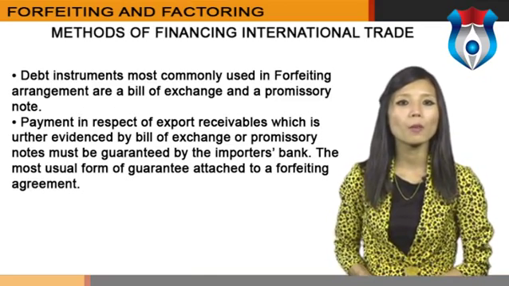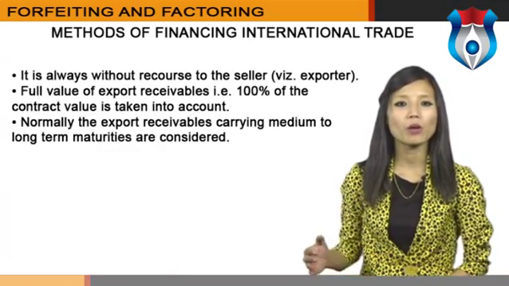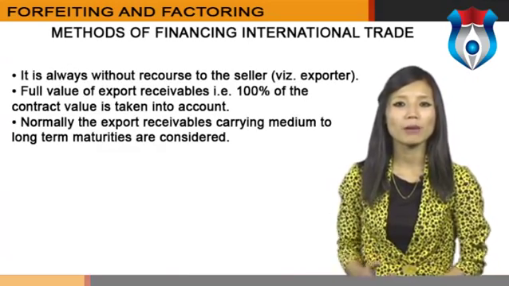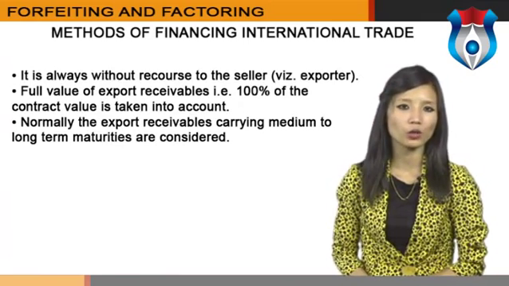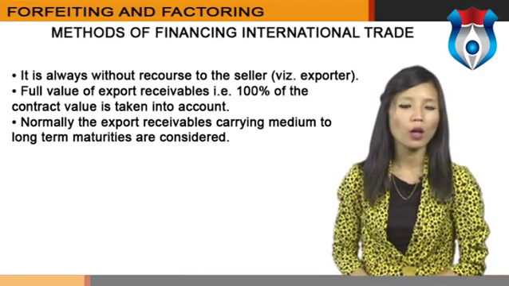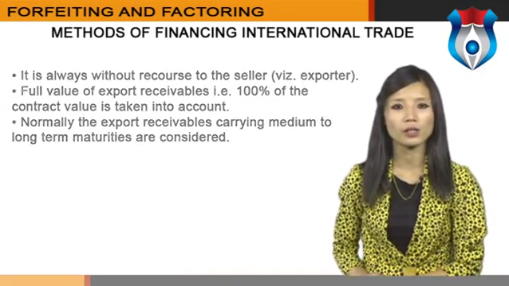This is the most usual form of guarantee attached to a forfeiting agreement. It is always without recourse to the seller, namely exporter. Full value of export receivable, that is 100% of the contract value, is taken into account. Normally, the export receivables carrying medium to long-term maturities are considered.